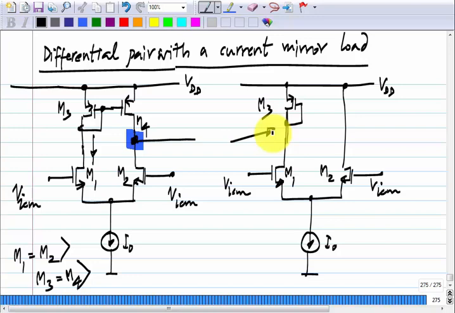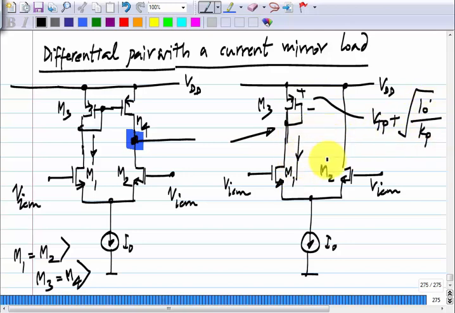What is the VGS of M3, or VSG of M3? Whatever is required to support a current of I naught by 2. How much is that? The VSG has to be VTP plus square root I naught by Kp, assuming I naught by 2 flows here, I naught by 2 flows there. So, this voltage is VDD minus that voltage.